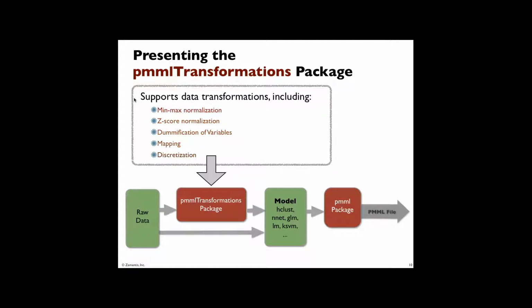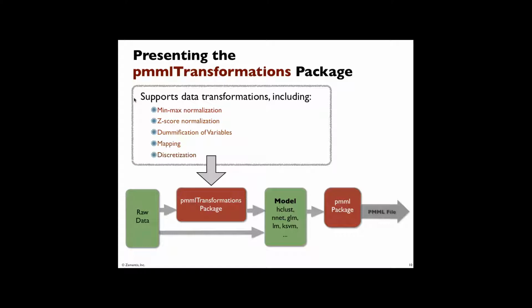The idea now is between the raw data and model, as you can see, you can use the PMML Transformations package. So now if you want, you can add the extra steps. You take the raw data, pass it on to the transformations package, and you transform the data any way you want.